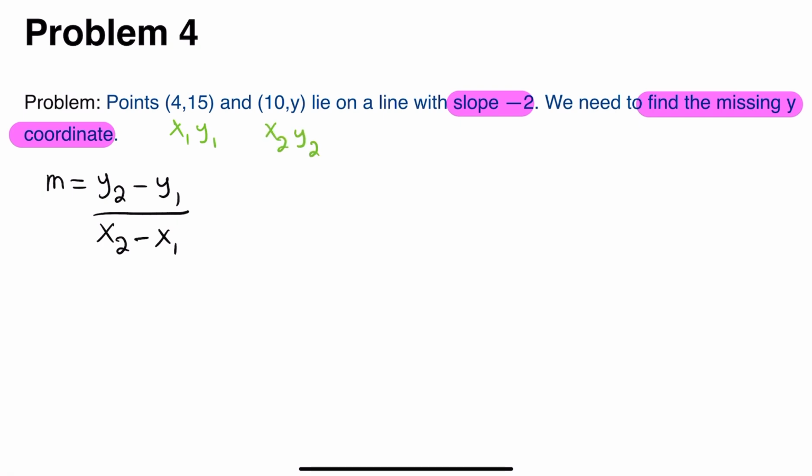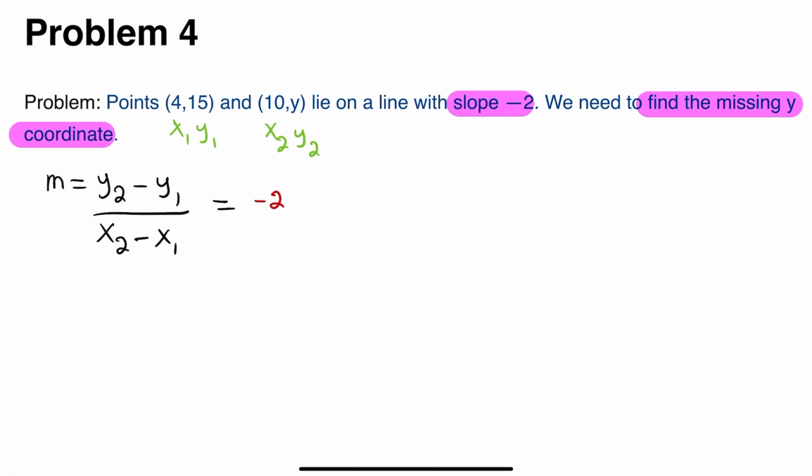Let's go ahead and fill in what we have. We're told that our slope is -2, so m is -2. Then we fill in everything else.